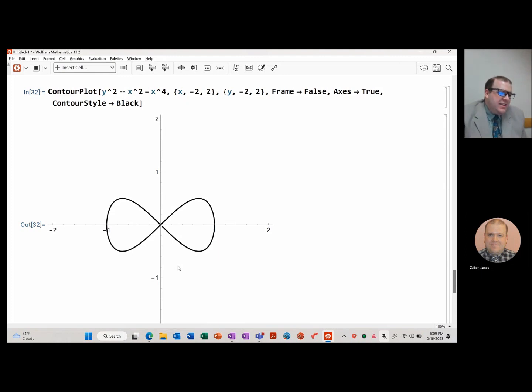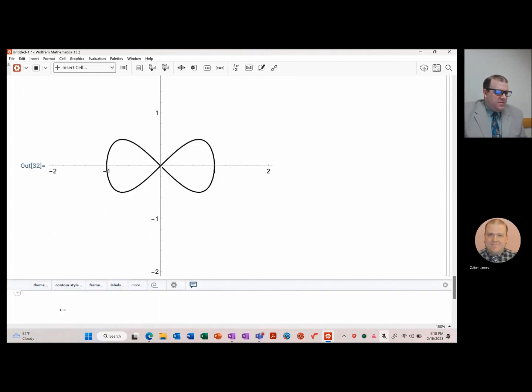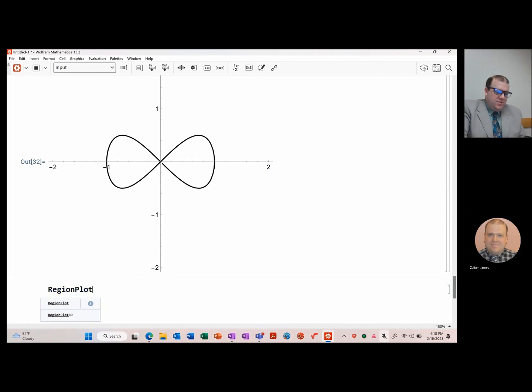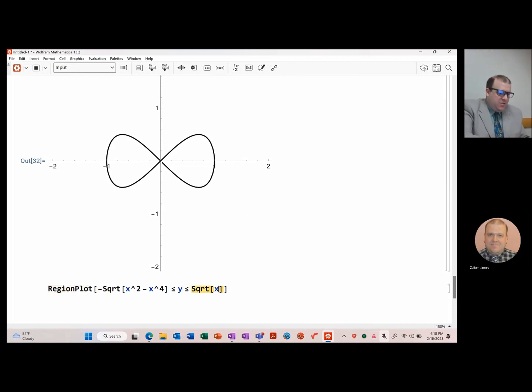I'm fairly certain I can get it to shade it for me if I do region plot again. Negative square root of x squared minus x to the fourth is then equal to y less than or equal to the positive square root.